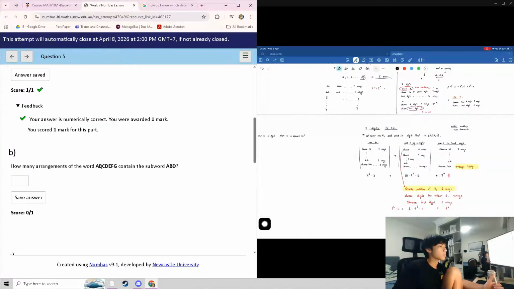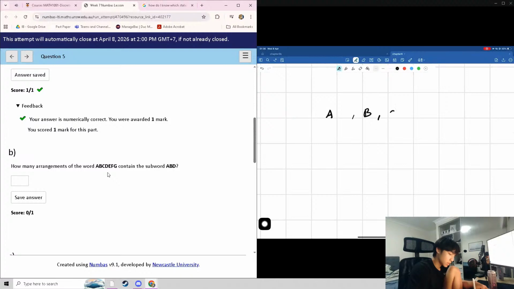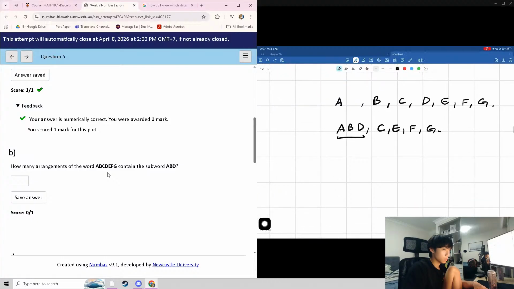How many arrangements of the word contain the subword A, B, D? So we want to group this. We have A, B, C, D, E, F, G, and we want to group these into A, B, D, C, E, F, G. So this is one word, and I can put this word anywhere.